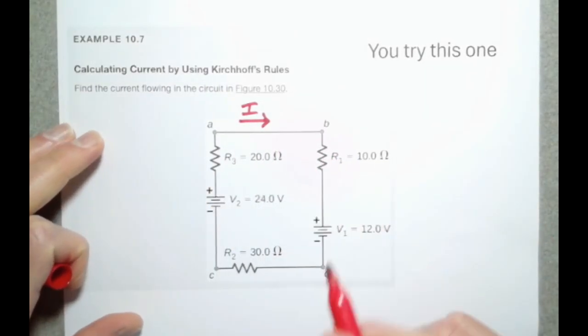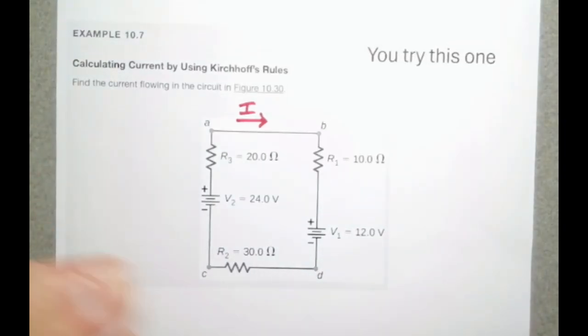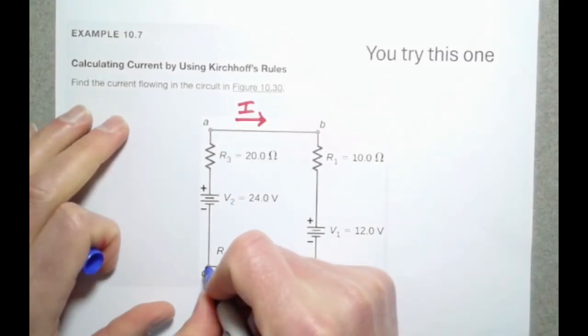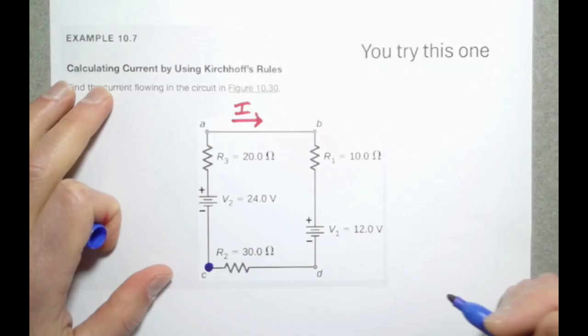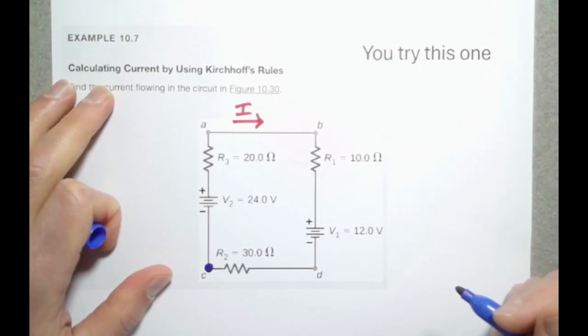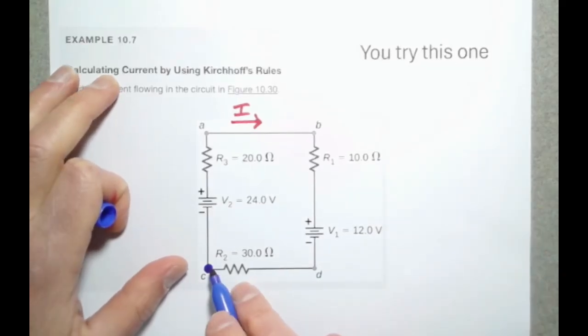So what we want to do is just apply Kirchhoff's loop law. We can start down here at C, and then you guys want to go clockwise or counterclockwise around the loop? Clockwise. Yeah, it's easier to go in the direction of the current. So then we're going to go this way.